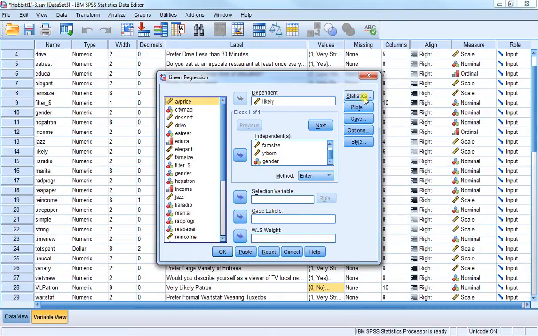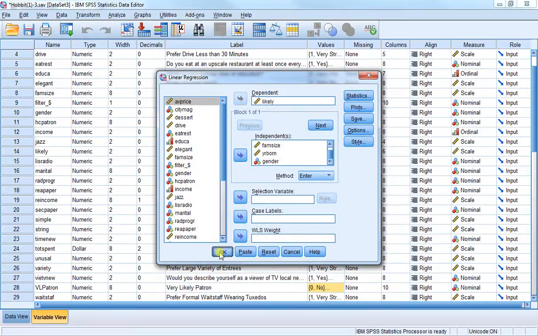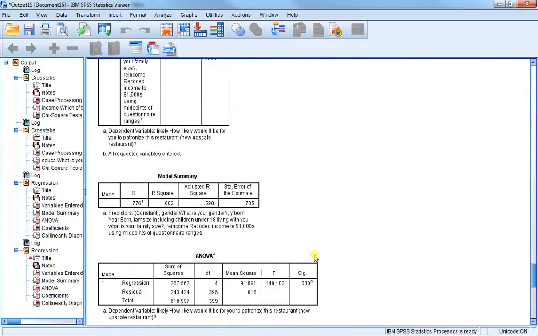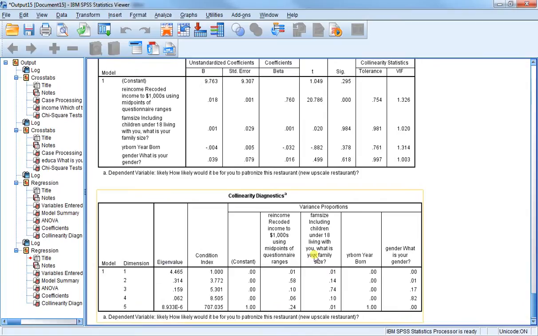What you're going to do next is click on Statistics and make sure that the collinearity diagnostics, because we want to check the VIF, is checkmarked. Continue and click OK. And this would be the model or the results that you will see.